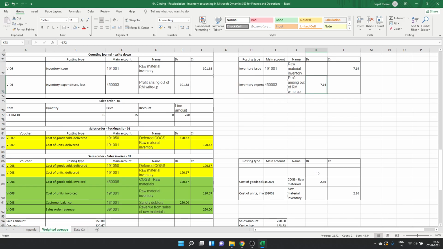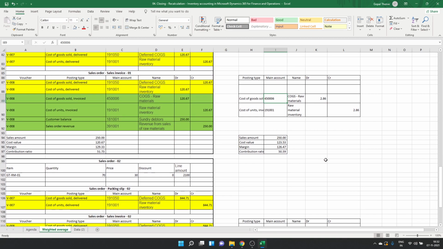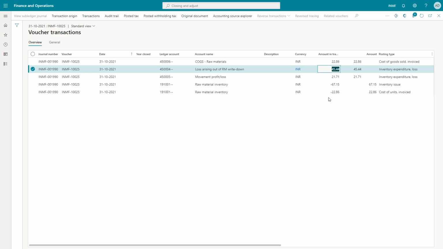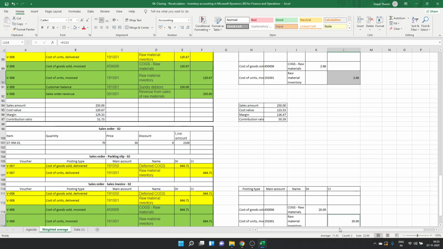Last one, whatever sales has happened, during that sales transaction my inventory is additionally issued by 22.85. So that is getting issued from here, and COGS is getting debited by that much amount.